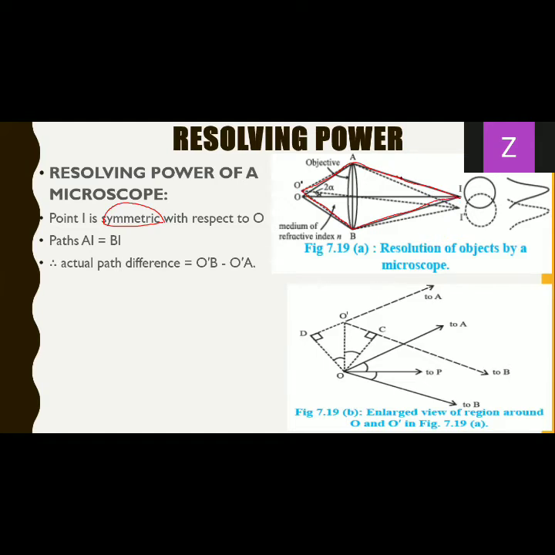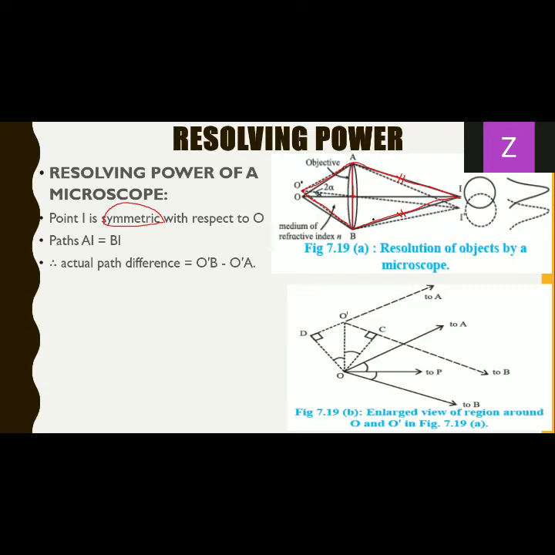But now, AI is equal to BI. Why? Because I is symmetric from O. So since it is symmetric from this point, AI will be equal to BI, right? More or less making it like an isosceles triangle.